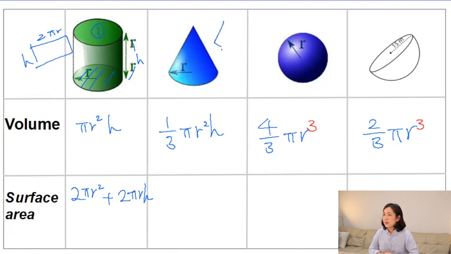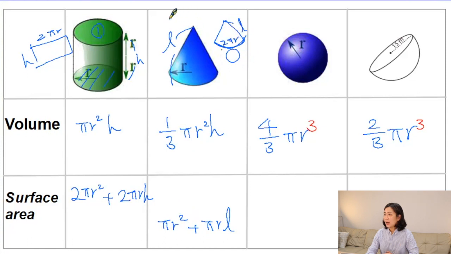For the cone, you open up the shape, then you've got a curved surface area and a circle, right? The circle part is pi r squared, and the curved part, remember you've got L, the slant height, is pi r L. Why is it pi r L? We already talked about it. It's half of the circumference times L, so 2 pi r times L, halving it, and that comes up with pi r L, right?